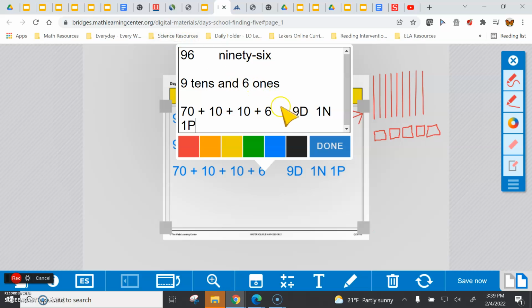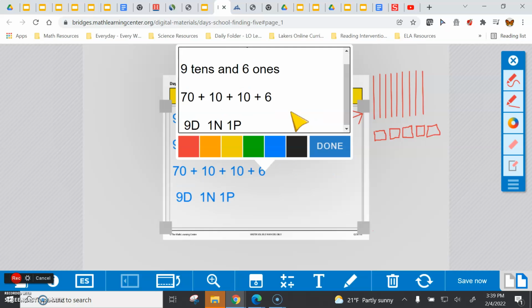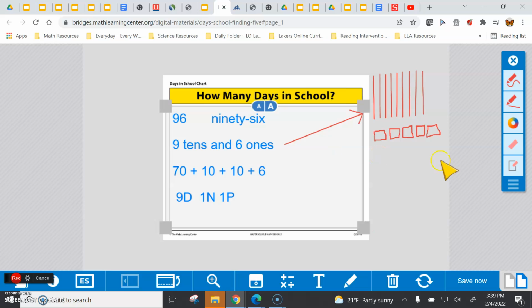We have included now 1 penny that we're adding here to make the number 96. And that also means we need to add on 1 more cube. Let me erase that. It looks bigger than the others, and they're all supposed to be the same size. 96 cubes here. 96 days in school.